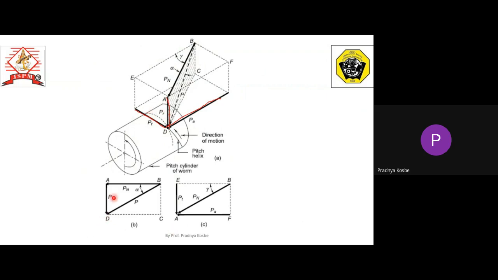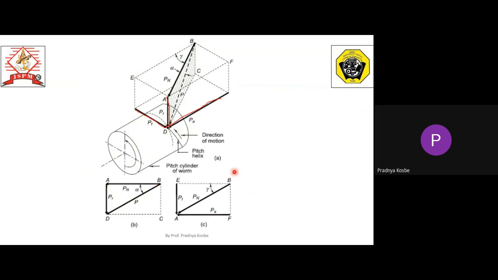Now you can see over here that if I'm taking triangle ABD, the angle between AB and BD is alpha. This is the radial component and this is the normal component.